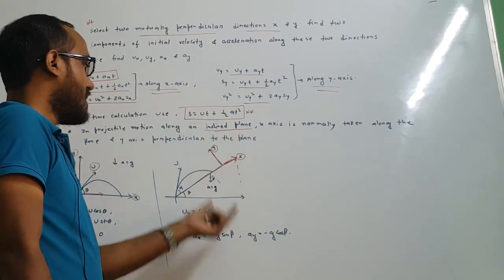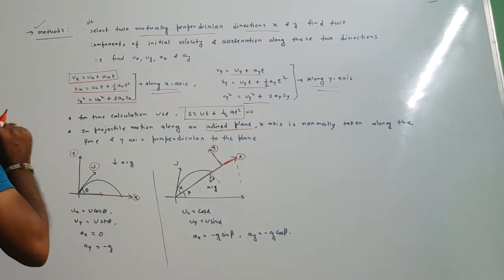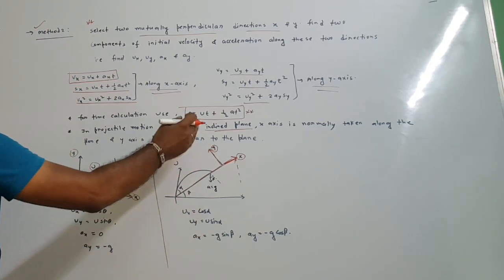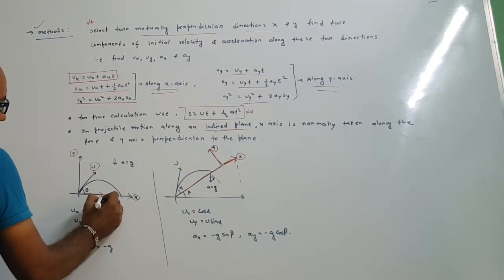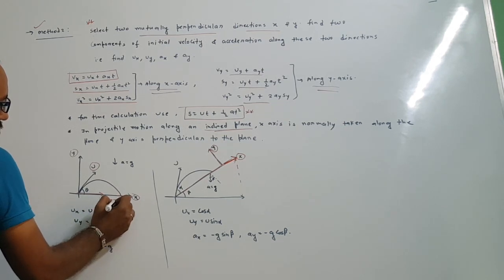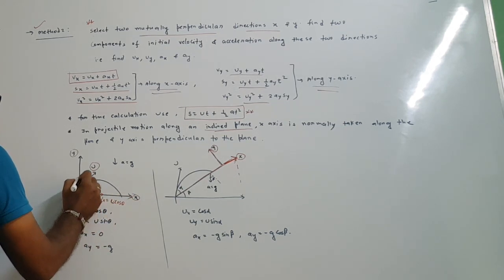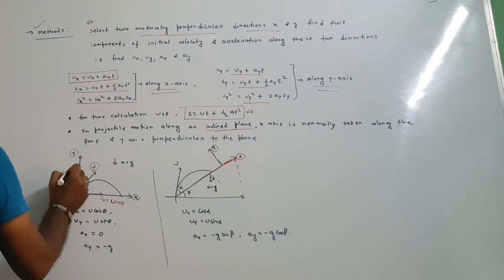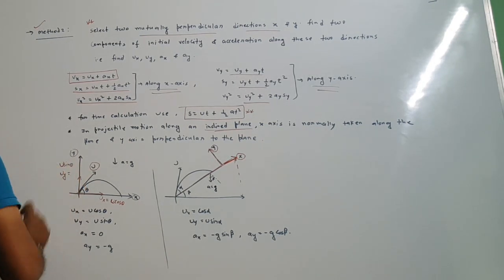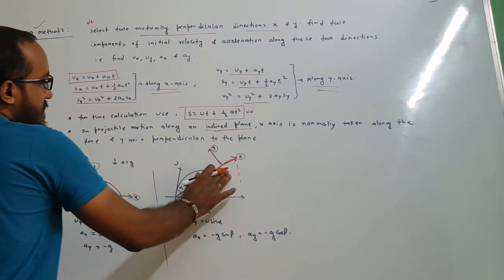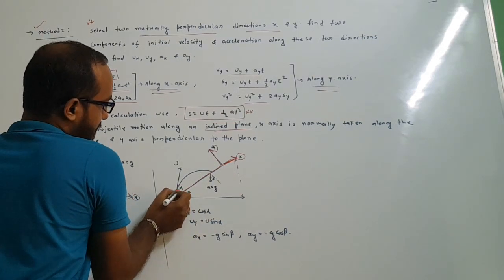Now in the inclined plane, I have already told you how to take the axes. So see here, this is ux, so u cos theta, and this is your y component, that is uy equals u sin theta, the perpendicular component. Concentrate on this. See here, the angle is alpha.